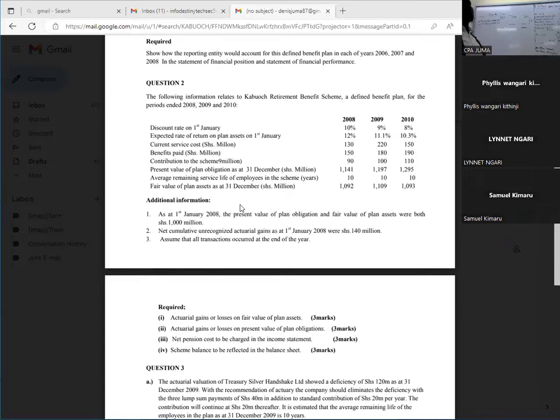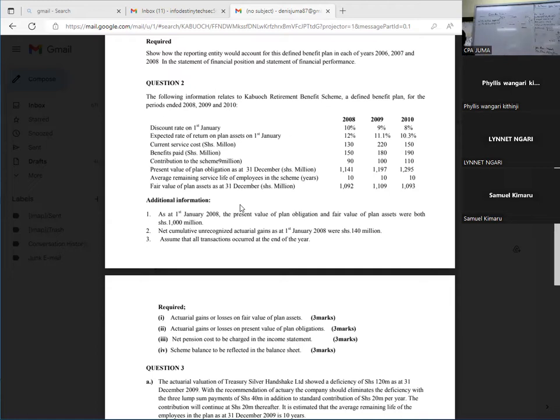What was the plan assets brought down for each year? Many assets, but when you look at present value. The problem is the copy, not the writer. So check brought down.